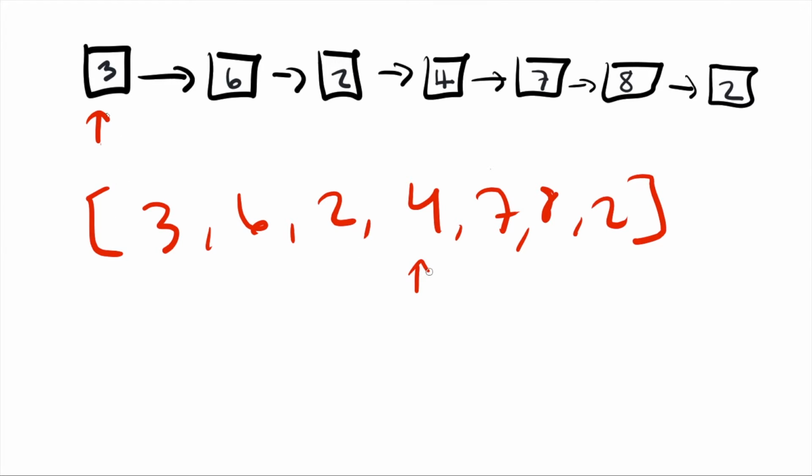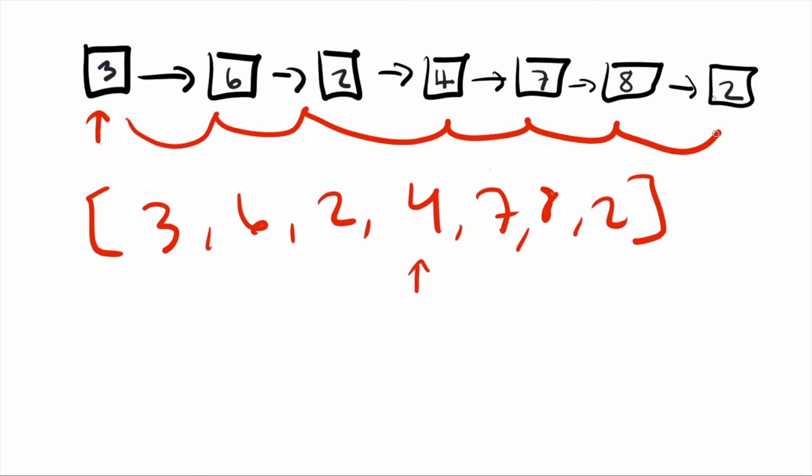So one approach might be, well, traverse the list, adding each element to an array or an array list. Once we get to the end, we know how many elements there are, and we can simply access the middle element of the array or the array list.